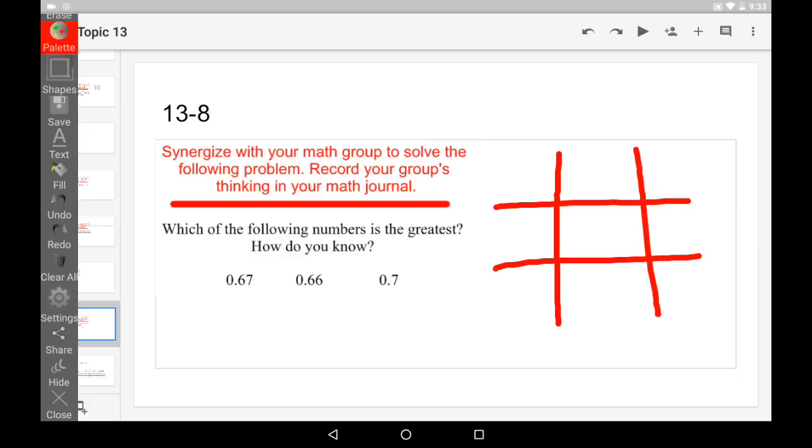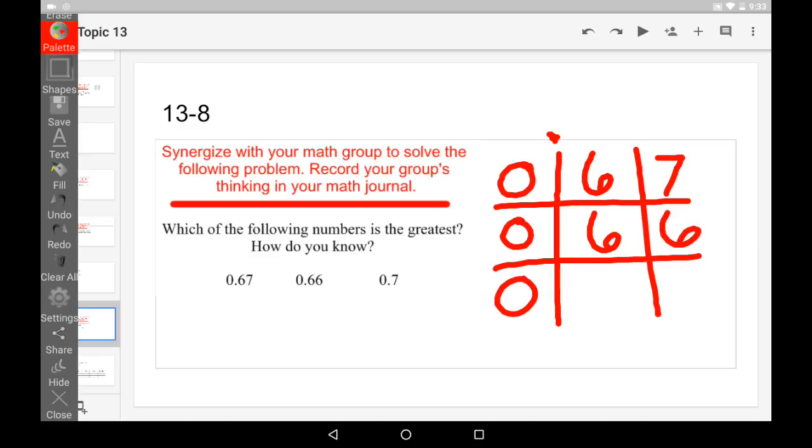Just like this. I'm going to put my decimal here. I have a 0 in each of these numbers. So I have a 6 and a 7, a 6 and a 6, and then I have a 7 and then technically a 0, right? Remember, this line here, I'll make it squiggly, represents my decimal.